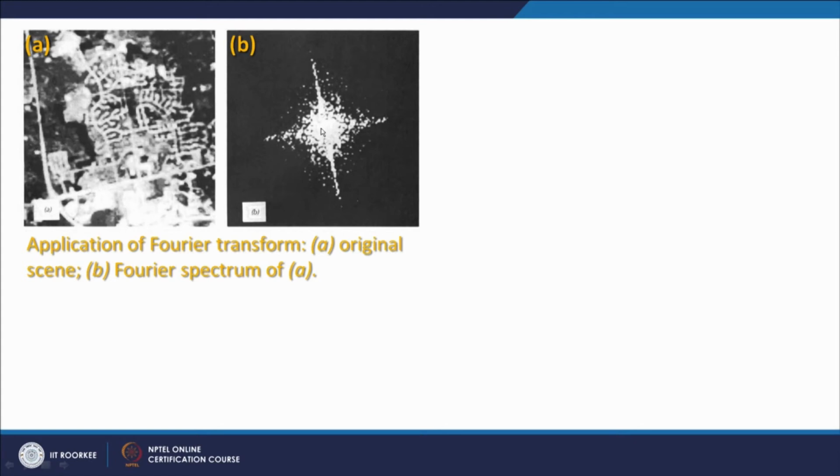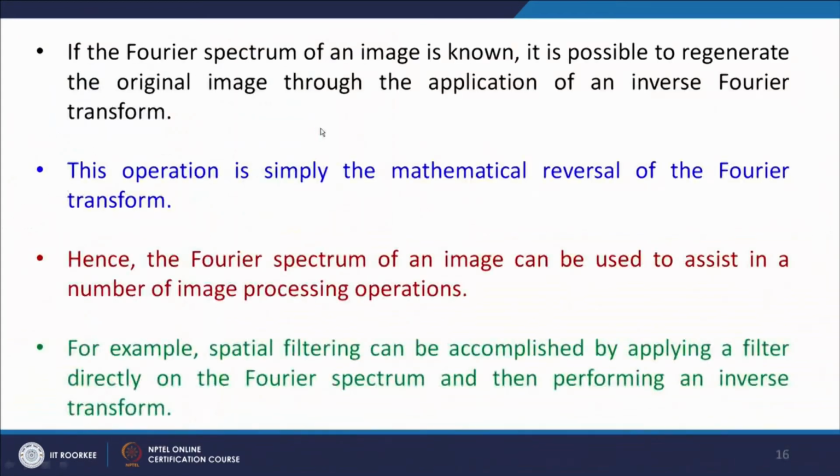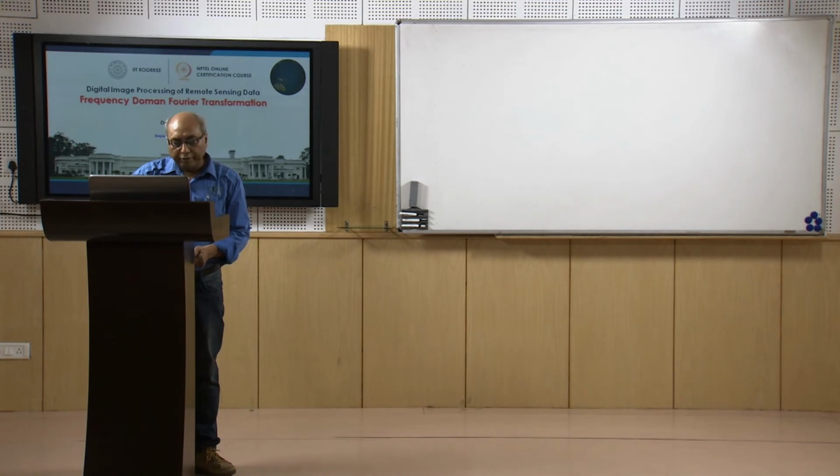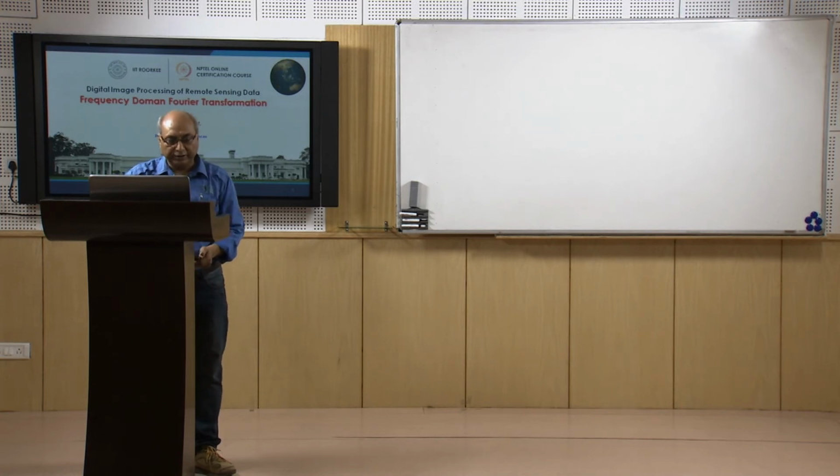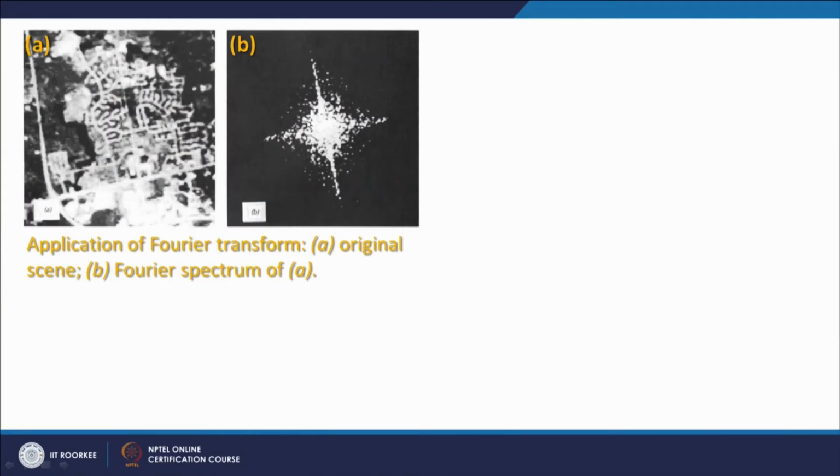And as also mentioned earlier, the low frequencies in the scene are plotted at the center of the spectrum. So the low frequencies are plotted at the center here, and high frequencies are at the periphery, away from the center. So this is how the Fourier spectrum is interpreted.